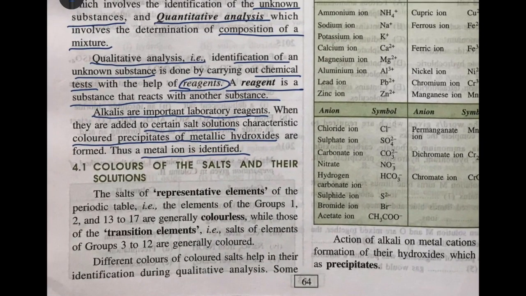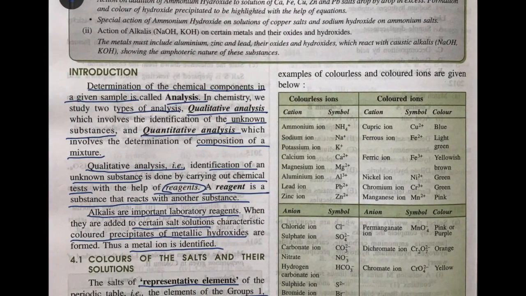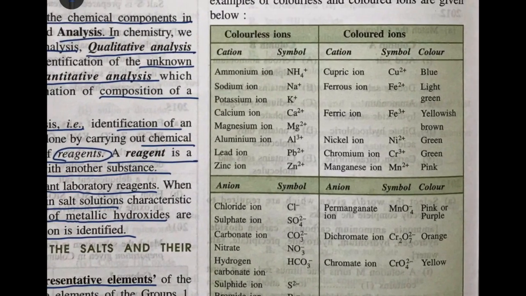Now, colors of the salts and their solutions. The salts of representative elements of the periodic table, remember the representative elements means groups 1, 2, 13 to 17, are colorless, while those of the transition elements, that is salts of groups 3 to 12, are generally colored. So different colors of colored salts help in the identification during qualitative analysis. Okay, so let's take a quick look here.